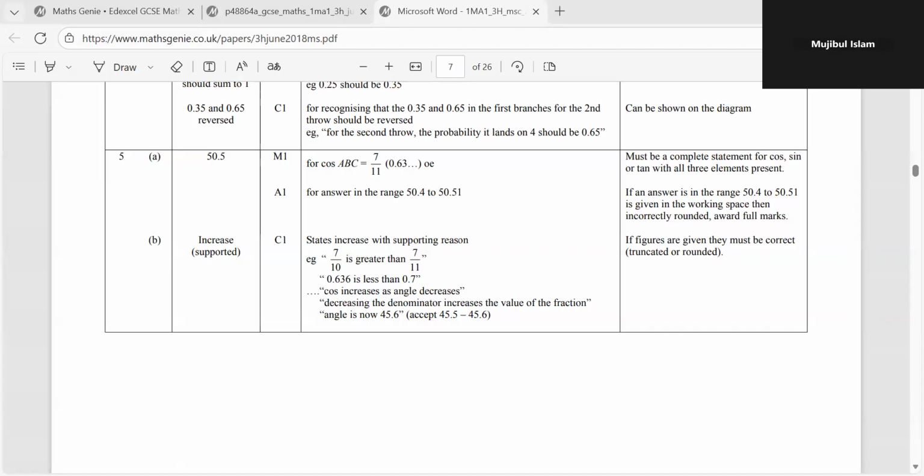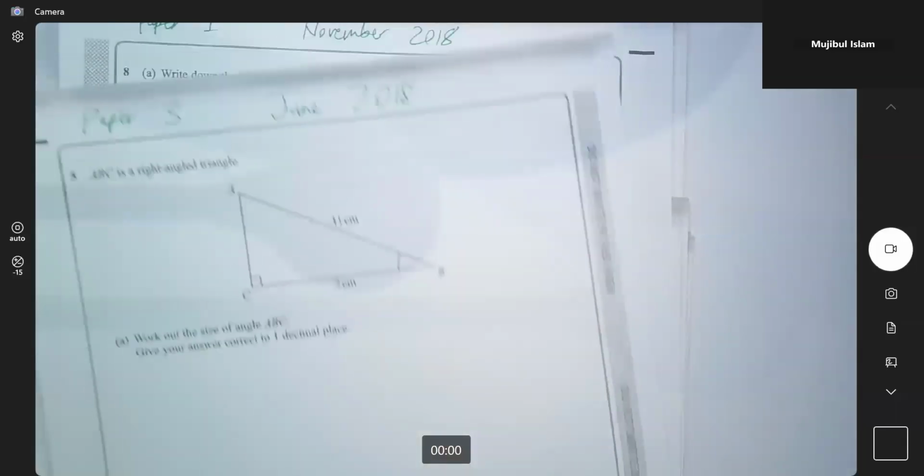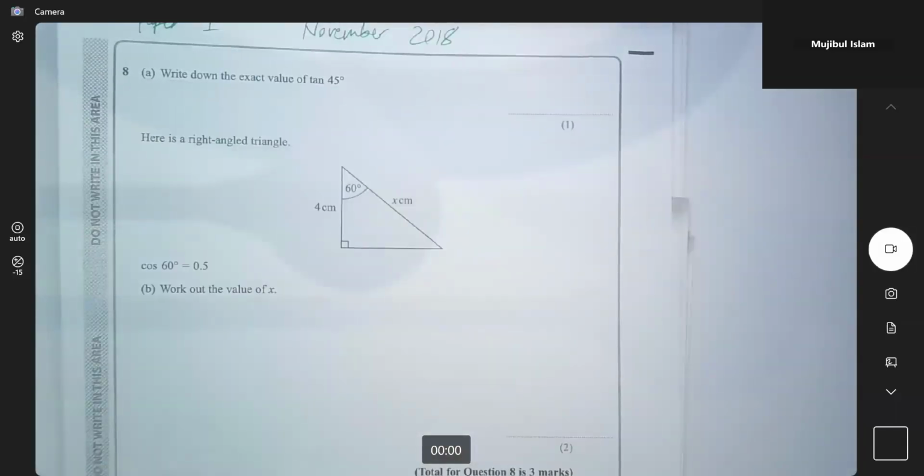Okay, let's move on to the next question. Right, what is the next question? I'm looking at time. I want to increase the challenge. Okay, we're going to skip this one.